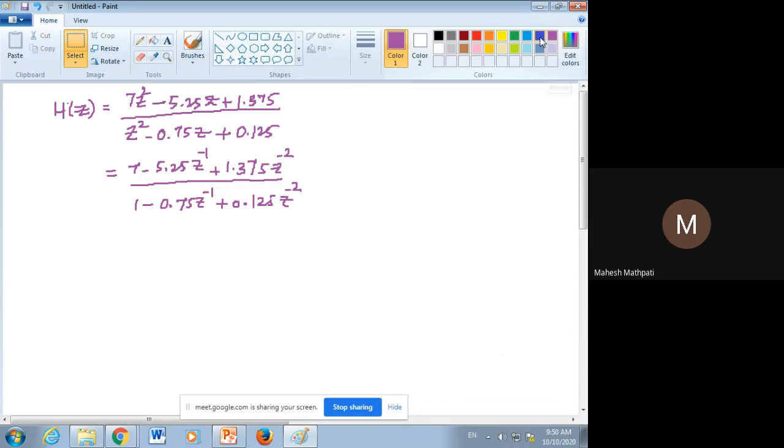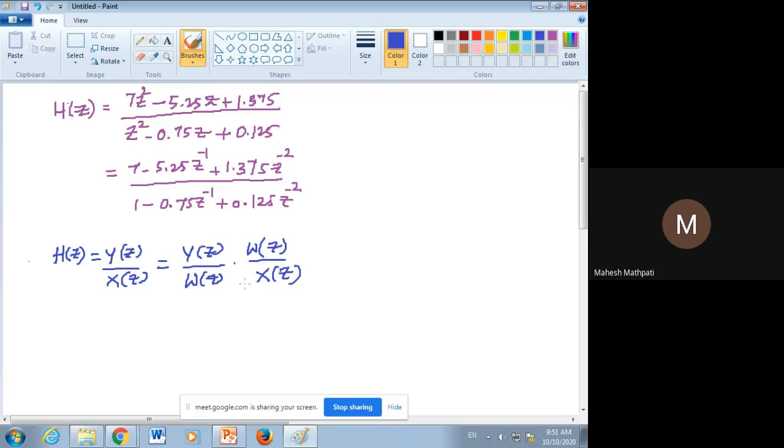Now we can write this as H of z. How do you define H of z? H of z equals Y of z upon X of z. Okay, and this I will write simply as Y of z divided by W of z, which is multiplied with W of z divided by X of z.